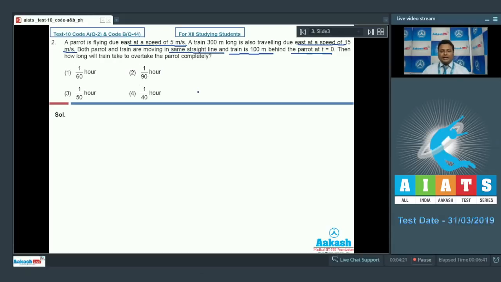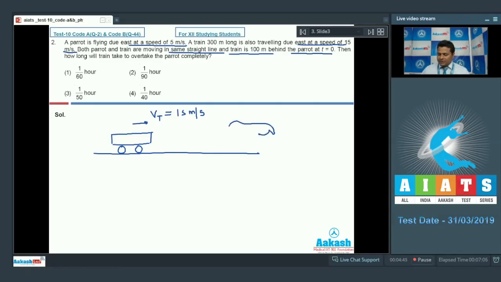The question is based on the relative velocity concept in one-dimensional motion, and here we can write according to the question. Both are moving toward east. Suppose this is the train, which is moving with speed vt equals 15 meters per second, where vt is the speed of the train, and suppose this is the parrot, which is moving with speed vp, given as 5 meters per second.